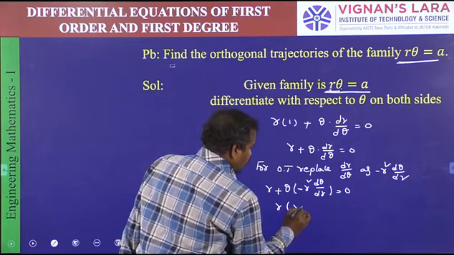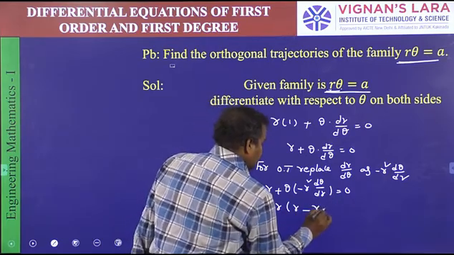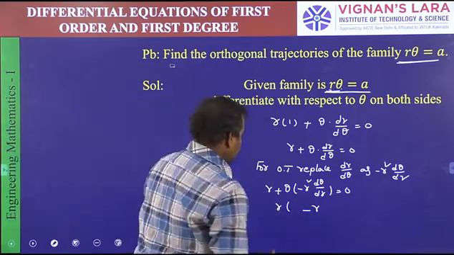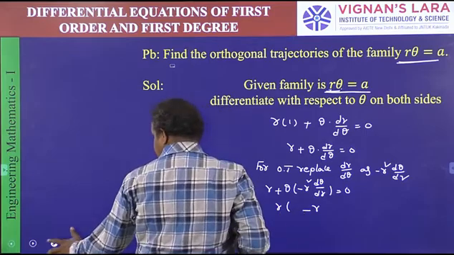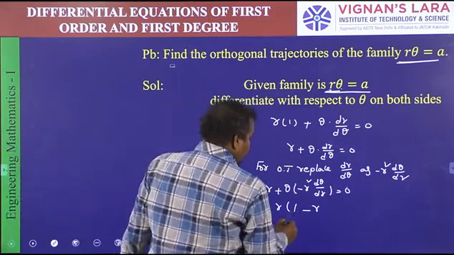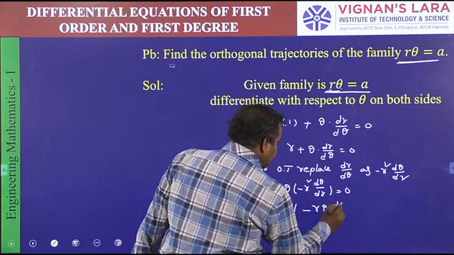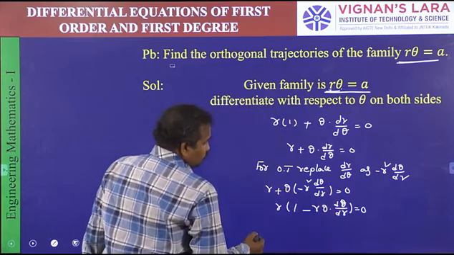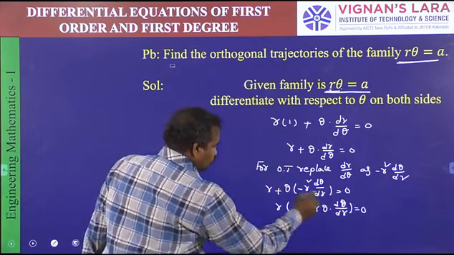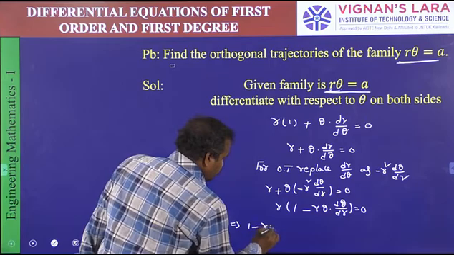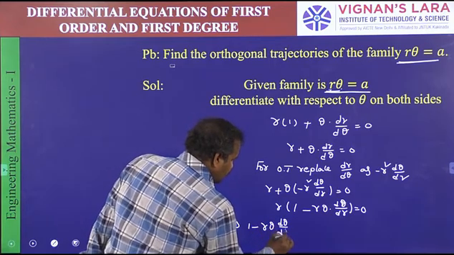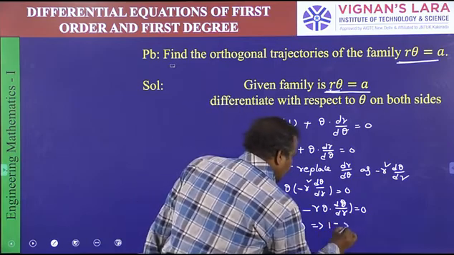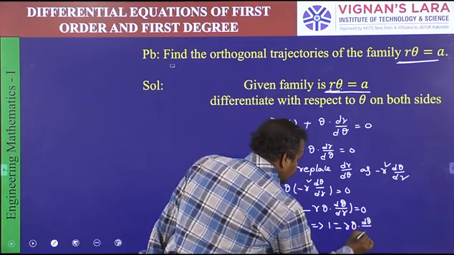Take out common r: r into 1 minus r theta into d theta by dr is equal to 0. That implies r goes to that side, that becomes 0. 1 minus r theta into d theta by dr is equal to 0. That implies 1 is equal to r theta into d theta by dr.